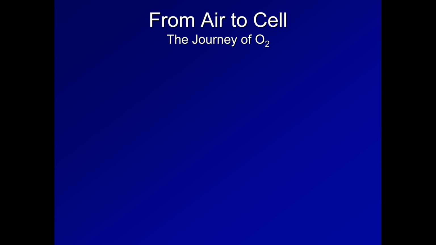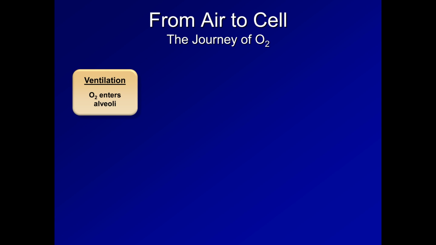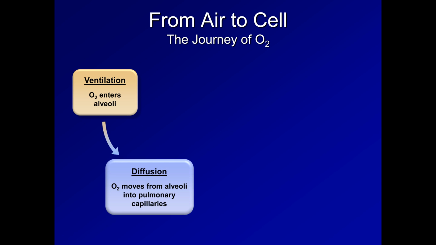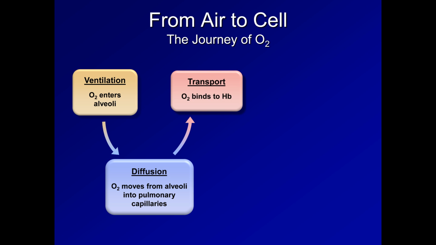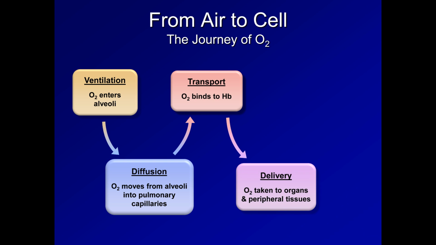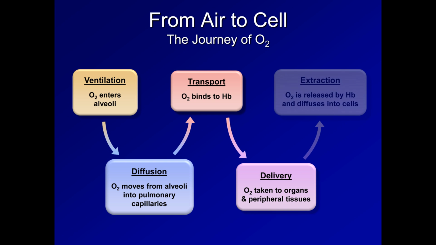We have already reviewed the process of ventilation, by which oxygen enters the alveoli, and diffusion, where oxygen moves from the alveoli into the pulmonary capillaries. The last lecture covered transport, that is, how oxygen binds to hemoglobin. The remaining steps are how oxygen is delivered to the organs and peripheral tissues, and then how oxygen is extracted by cells at those locations.